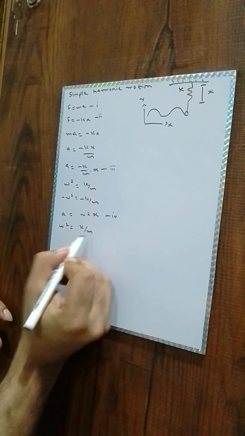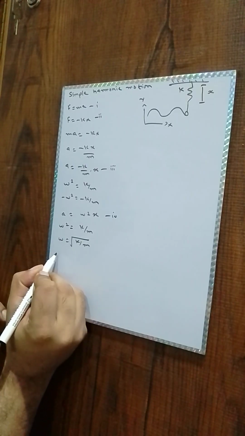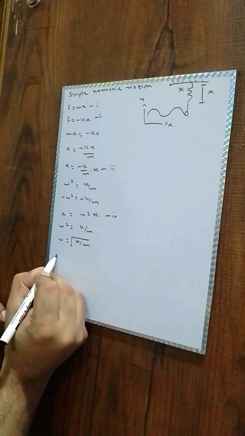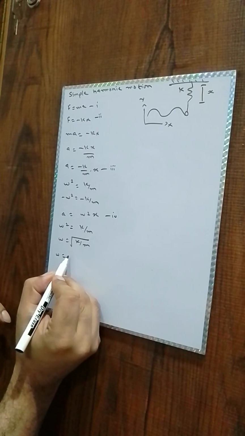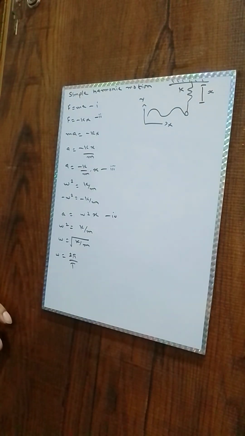Yes, omega is equal to k by m under the root, and omega also is equal to 2 pi by T. Angular velocity is 2 pi by the time period. This is known.